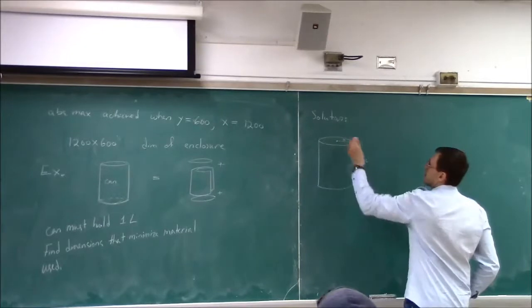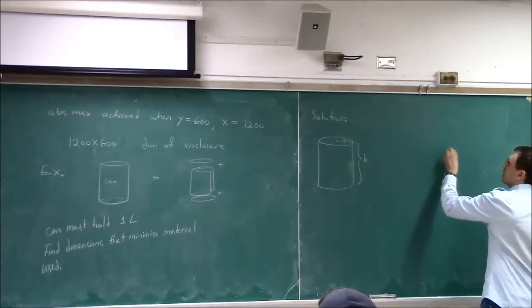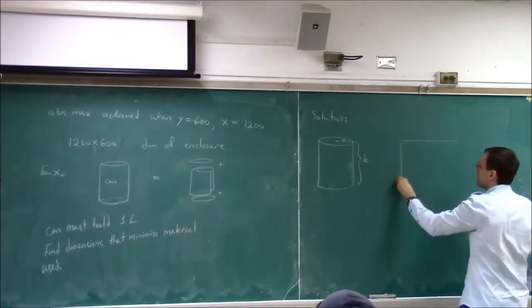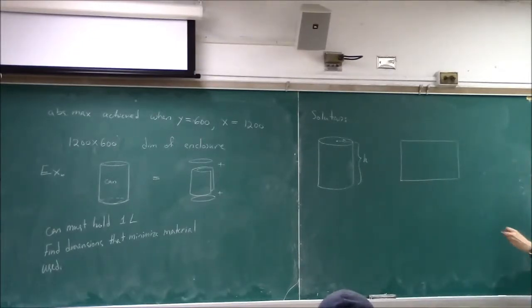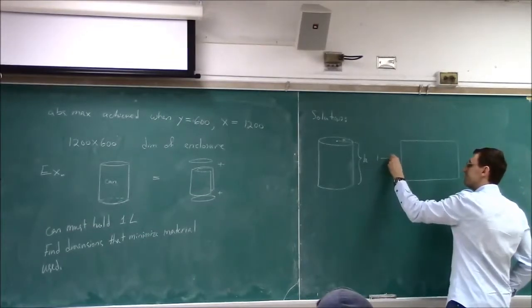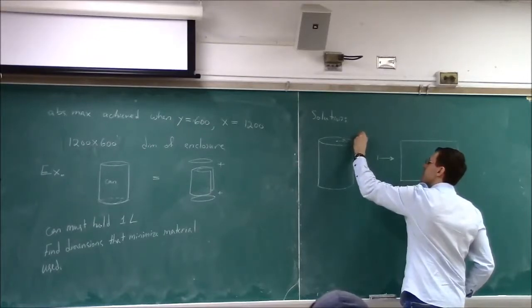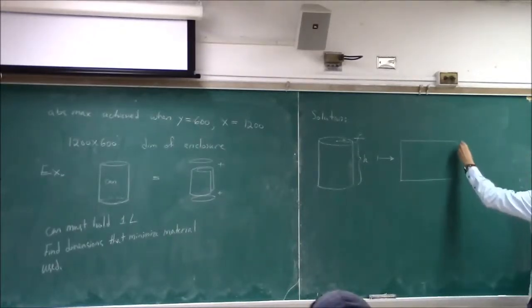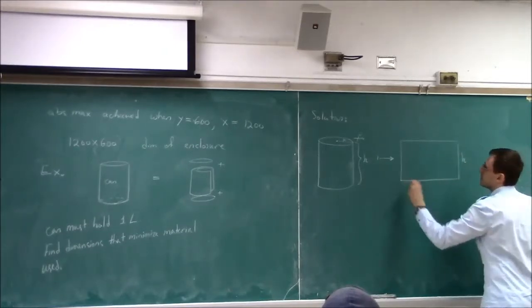Now, if this is a cylinder of radius r and height h, what can you say about it? If you cut it out and unfold it, it becomes a flat sheet of paper. What is this dimension here? h.